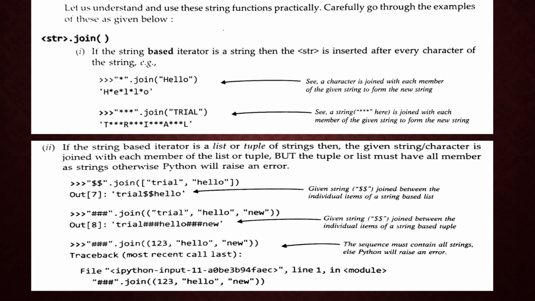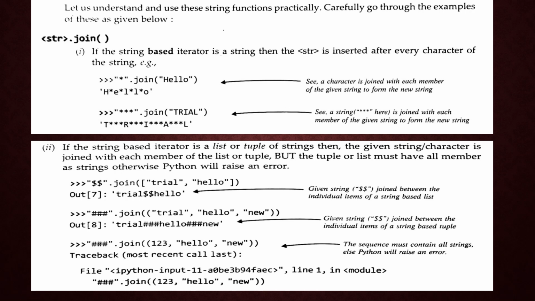Next, 3 hash symbols, dot join, trial, hello and new. Actually, it's a tuple. See, first one is within a single list we are going to insert 2 strings, but here we are using a single tuple. And how it works? Trial, triple hash, hello, triple hash, new.